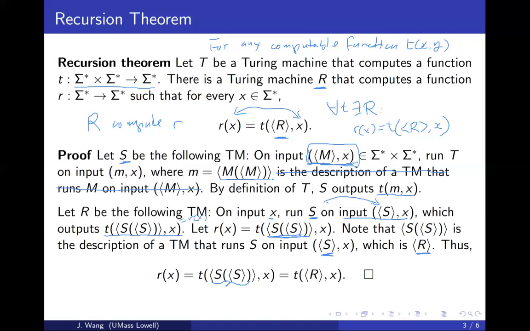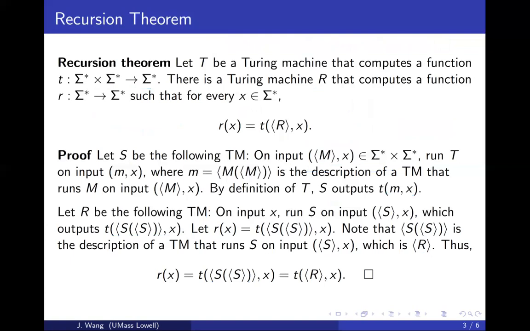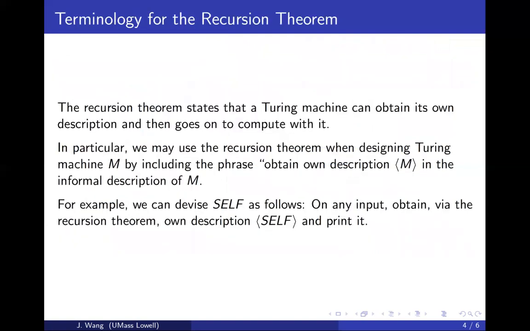Again, how we interpret this theorem: the recursion theorem states that a Turing machine can obtain its own description and then go on to compute with it. So let me write it.